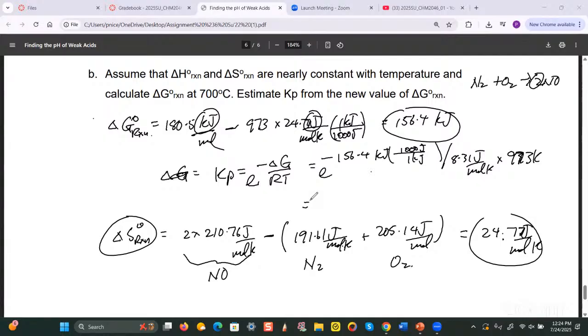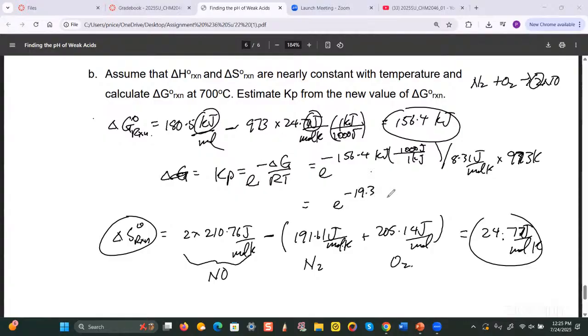So 156.4 multiplied by 1,000, with a negative sign in front of that, divided by 8.31 times 973. According to my calculation, this part here works out to be minus 19.3.